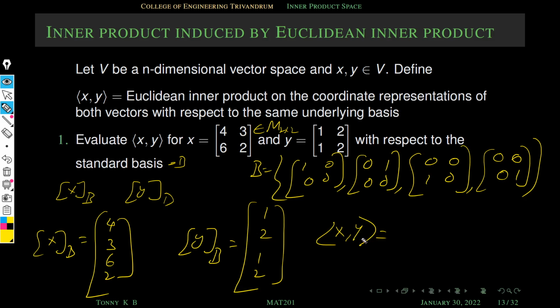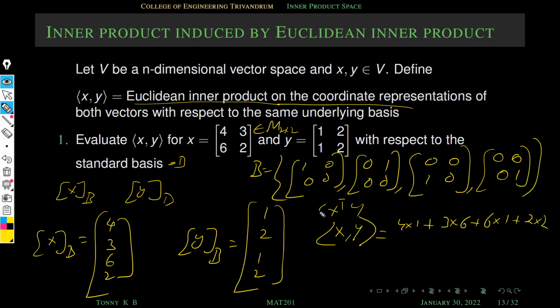The induced inner product is defined by the Euclidean inner product on the coordinate representation. And these are the coordinate representations. Then what is the Euclidean inner product? 4 into 1 plus 3 into 2 plus 6 into 1 plus 2 into 2. This is the same as x transpose y.